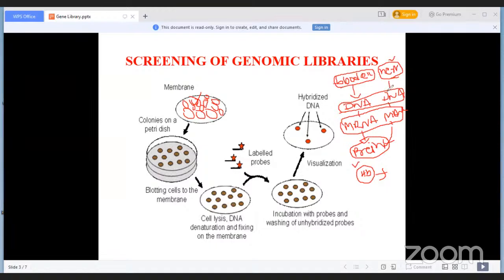For example, you selected this mRNA, and from this mRNA you prepare the DNA. After that, from transcription and translation, you get protein. Can you get the hemoglobin character? No, sir. That's what is different here. That means you have to select it from cell to cell.